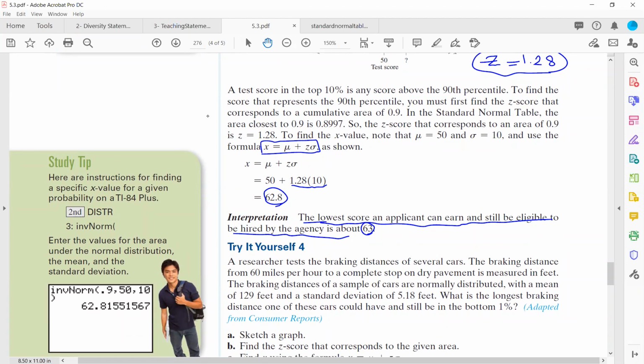And in the parentheses, you have to write the probability or the area. Then enter, and it gives you the z value.